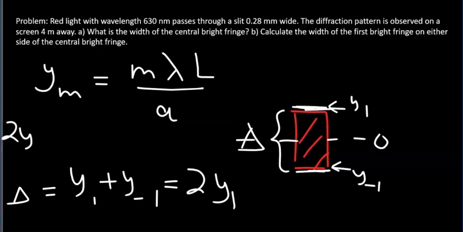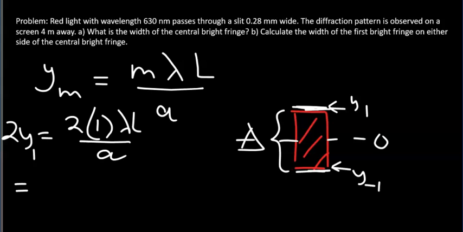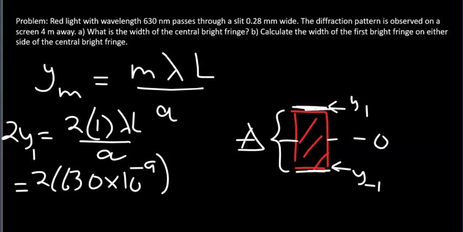So 2 times y1 is 2 times m is 1 lambda L over A. So that is 2 times lambda is 630 nanometer. So let's convert that into meter, 10 to the power minus 9.